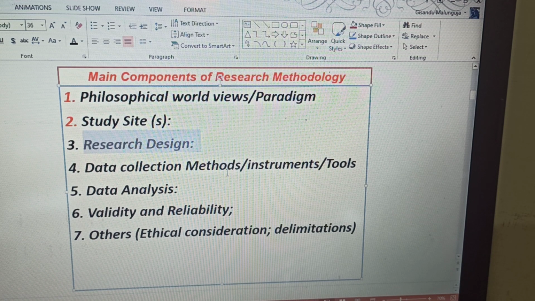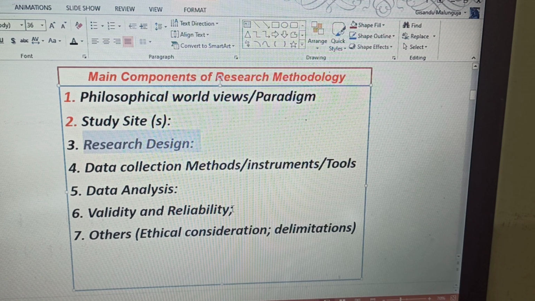What are the specific tools that will be used for data collection? It is within the research methodology where a researcher is expected to show the data analysis. It is also where a researcher should show the validity and the reliability of the tools that he has used or will use in the process of data collection.